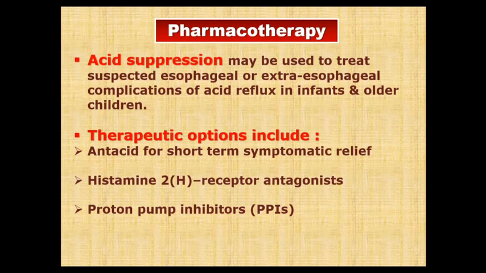So for uncomplicated cases of GERD, the response may be achieved by the histamine receptor antagonist, but if there is no response, in complicated cases we can give the proton pump inhibitors. The important thing here is that proton pump inhibitors are not approved to be given in infants.